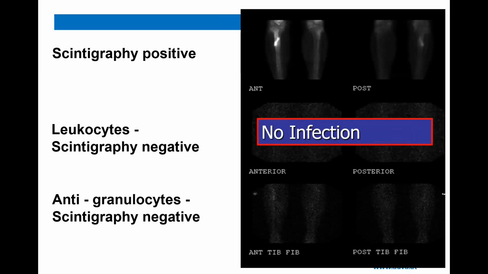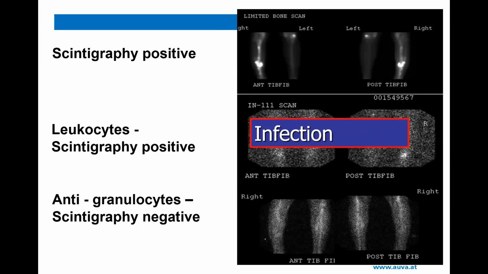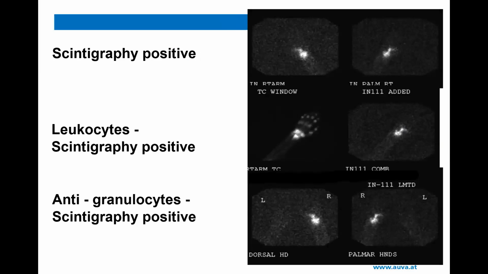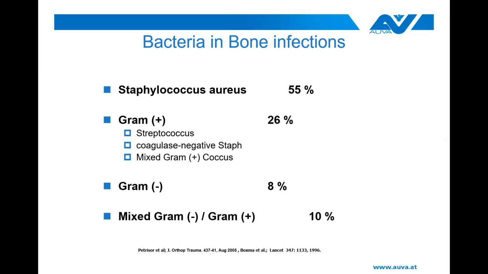Nothing. It means nothing. Only if you have a positive leukocyte scintigraphy can you be sure you have an infection. And if you have everything positive, maybe there is infection. So please, choose wisely what kind of nuclear medicine tool you use. Personally, I don't use scintigraphy at all, because I don't get the information I need.